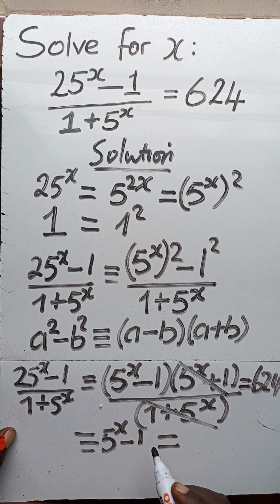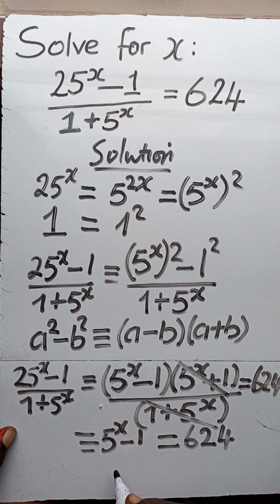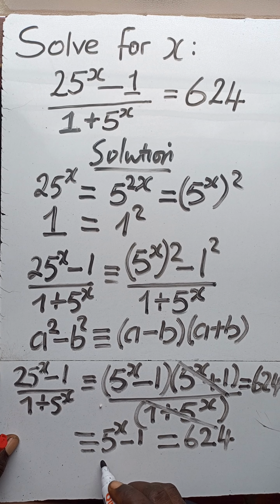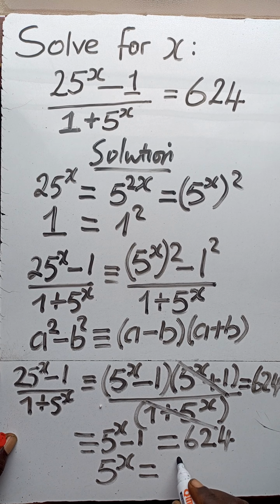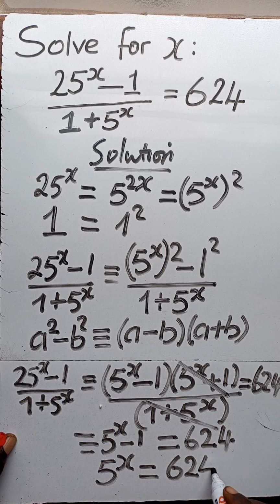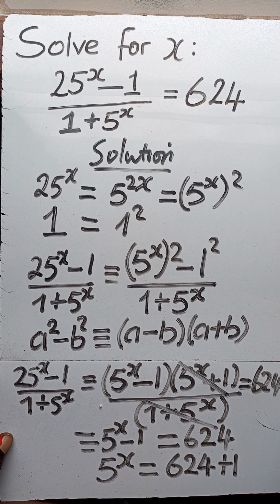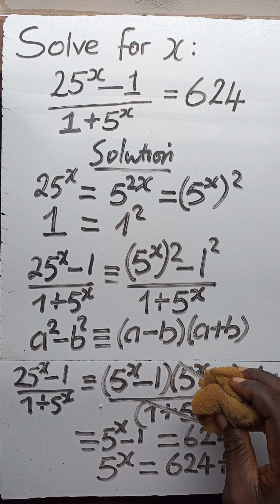All right, 624. So this is equal to 624. Now, we take this one this way. Since it's negative 1, it will become positive 1. So we're going to have 5 to the x will be equal to 624 plus 1. All right, this negative 1, we'll take it this way, become plus 1. So now, here, we have 624 plus 1, which is going to give us 625.